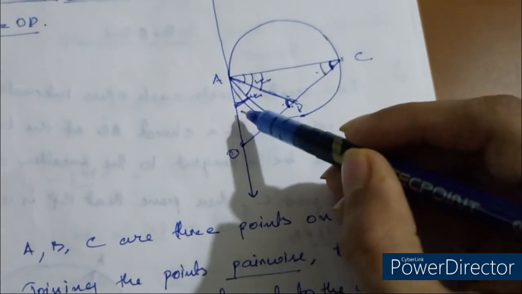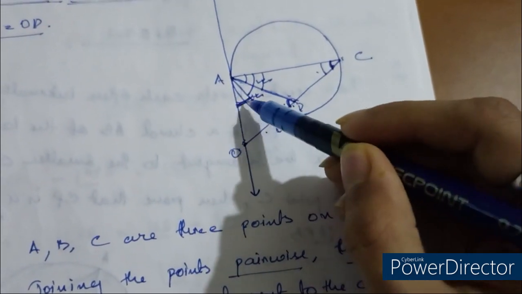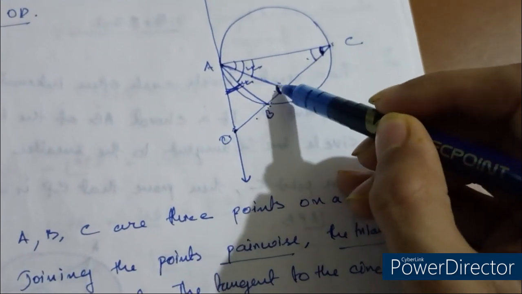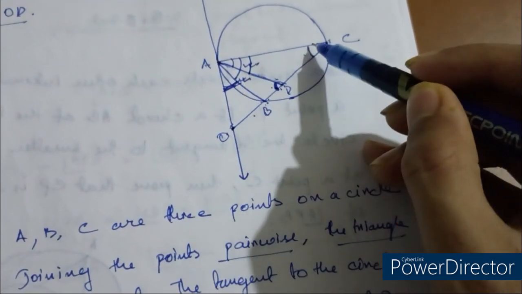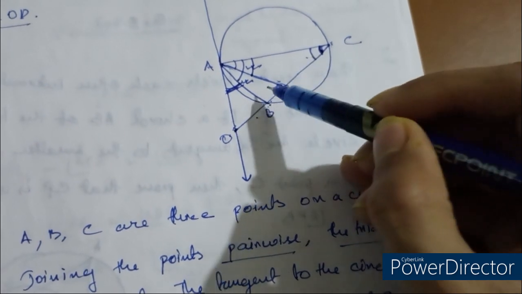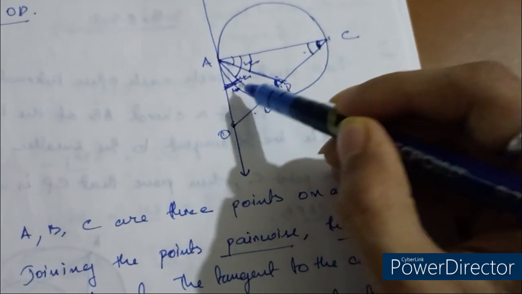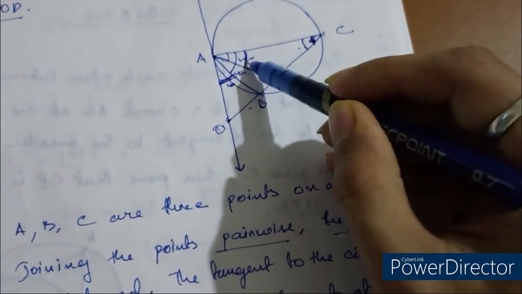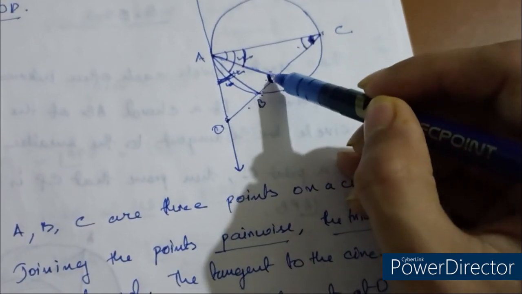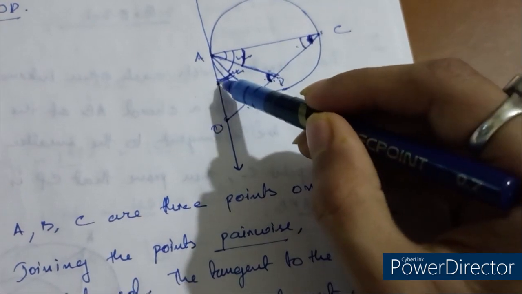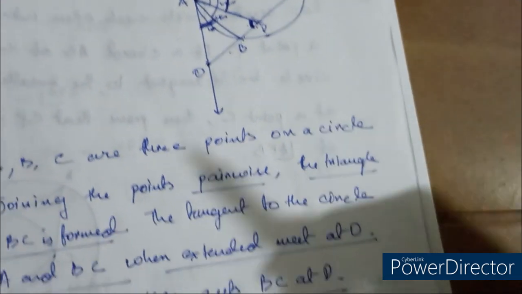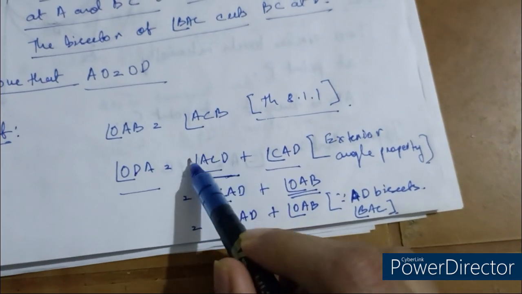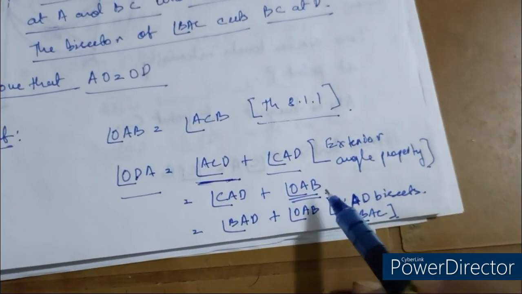First of all I am saying OAB is equal to this angle, angle in the alternate segment, and then this angle is equal to this angle plus this angle, exterior angle property. Since this one angle is equal to this one, instead of writing ACD, I can write OAB. Done.